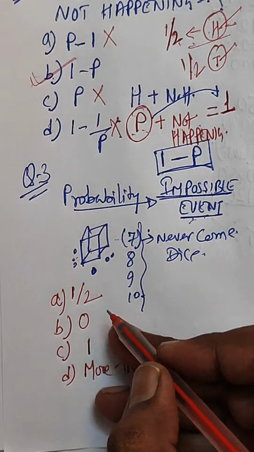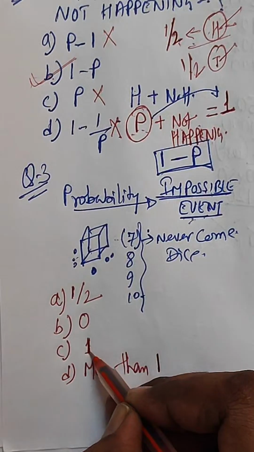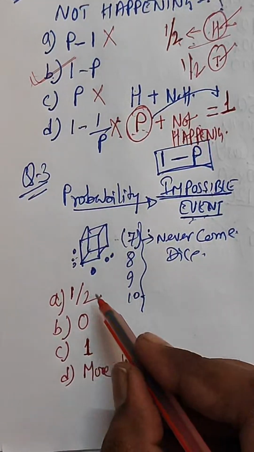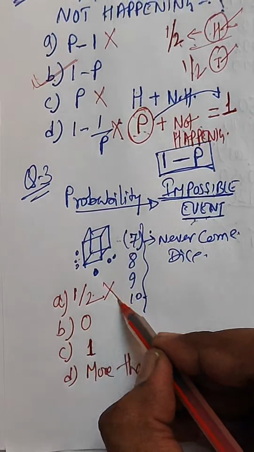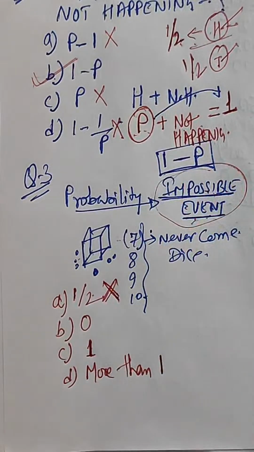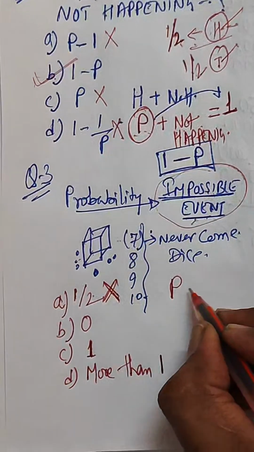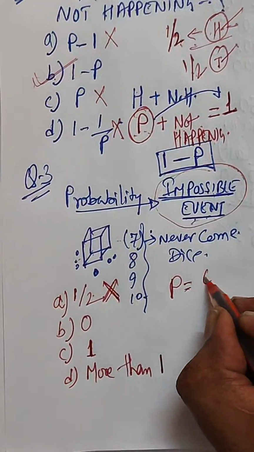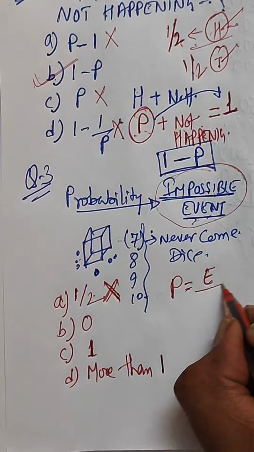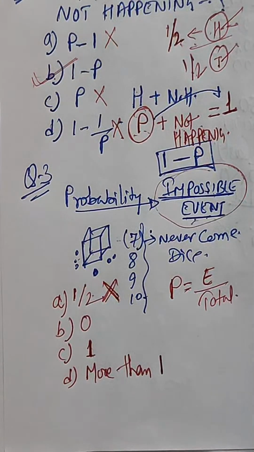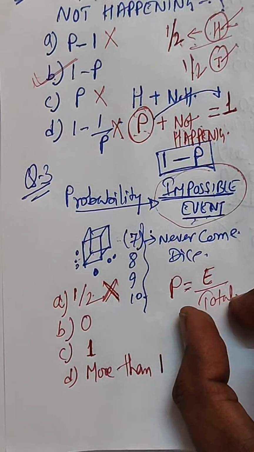It cannot happen. The maximum probability of a happening event is the total 1, okay? So half is never possible. Why not possible? Because it's not happening. Not happening, that means probability of an event is calculated by the number of desired outcomes divided by the total number of chances, the total outcomes, right?